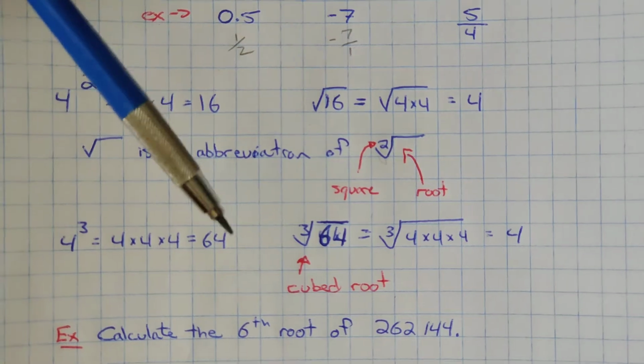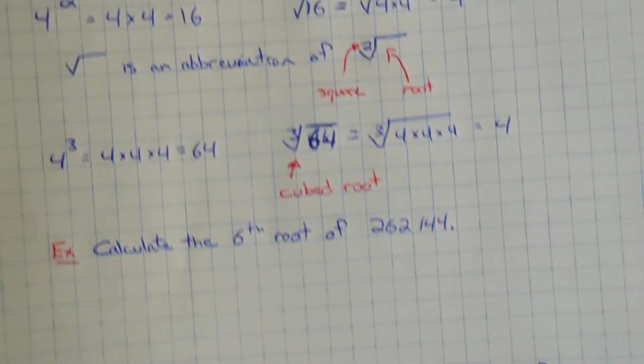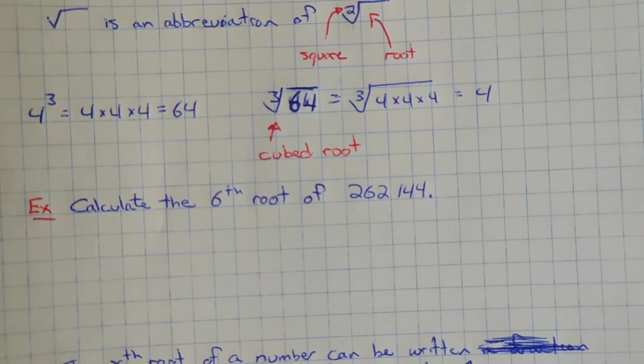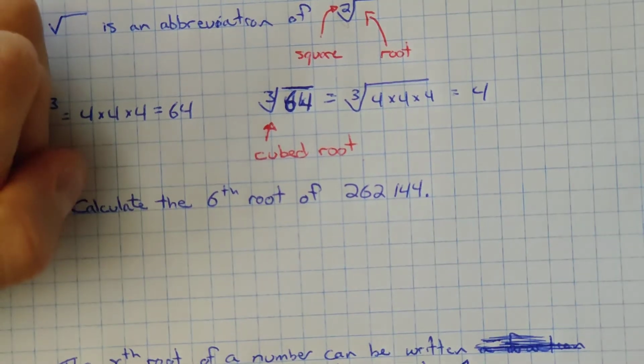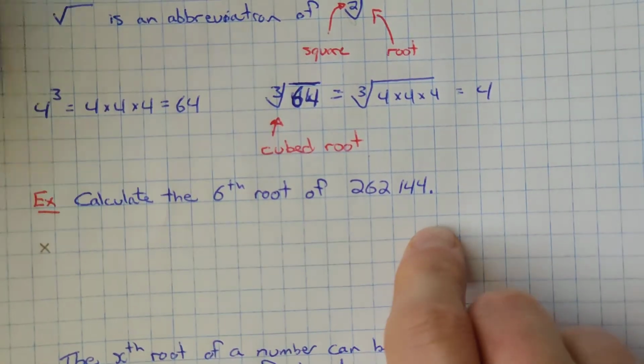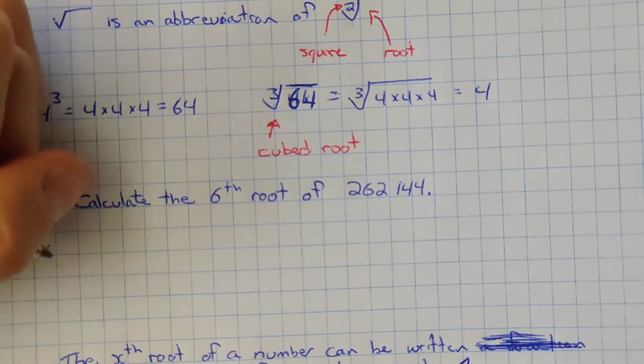And we can calculate these various roots in a couple ways. Now, one of these that presents a problem sometimes is that your calculator might have a button for this. So if we try and do this one here, we're going to find the 6th root of 262,144.